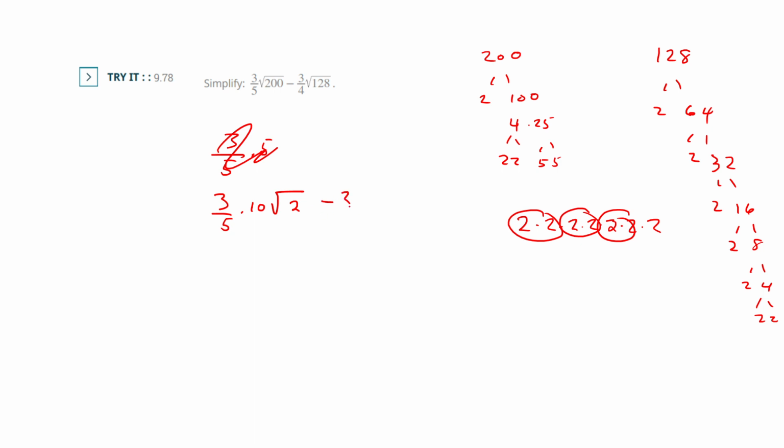And this other one, I can bring out an 8 and be left with a square root of 2 on the inside. Okay, we're going to reduce these down. I get 6 square root of 2. Reduce these down. Get negative 3 times 2, negative 6 square root of 2. Okay, if I did that right, we're going to get 0 square roots of 2, which is just 0.